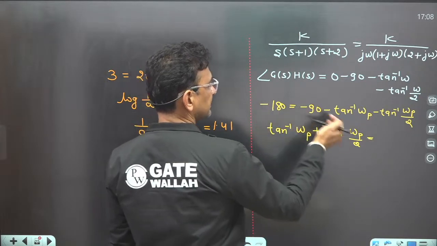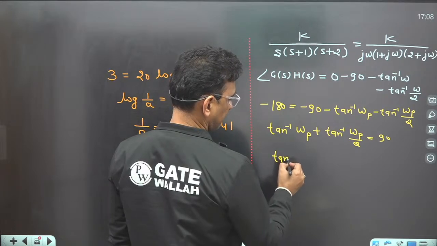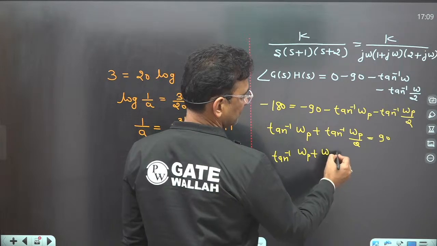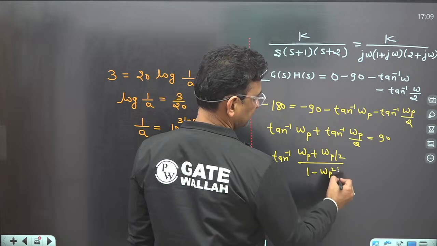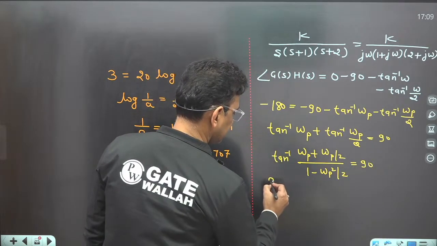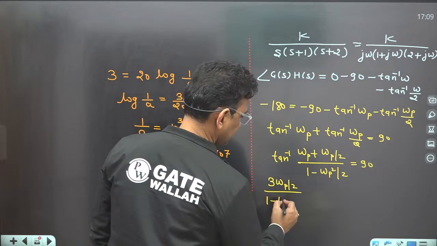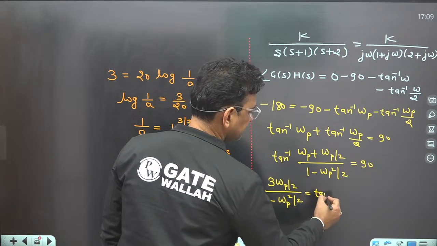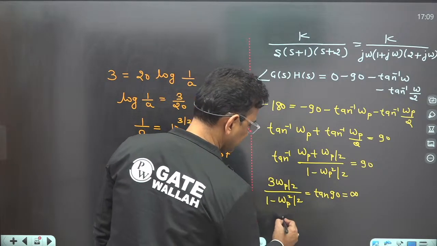If I bring this term here, it becomes positive, it is 90 degree. So tan inverse of omega p plus omega p by 2 over 1 minus omega p square by 2 equals 90 degree. That means 3 omega p by 2 over 1 minus omega p square by 2 is tan 90, and tan 90 is nothing but infinite. Infinite means the denominator term should be 0.